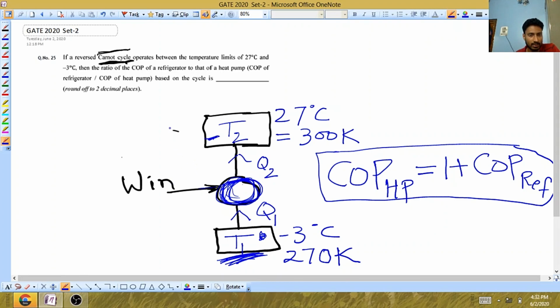We always know that without the help of anything, due to entropy, the tendency is that heat flows from high temperature to low temperature. But here it is going in the opposite way, from low temperature to high temperature. So for that we need to supply work.